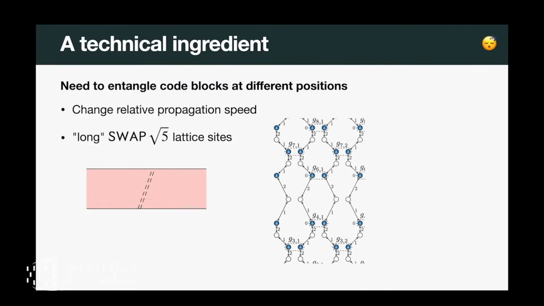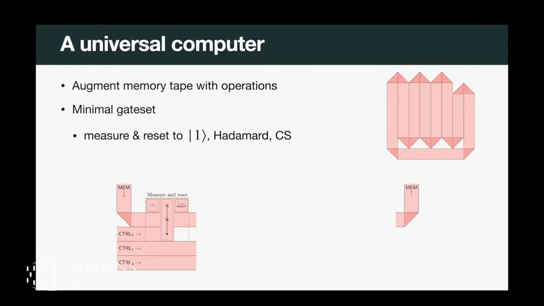It looks something like this. So I just swap a little bit faster. And OK, you incur some overhead, like you needed to build a slightly faster swap, but this is fine. Everything's still constant. Cool. So given that, we can start to augment this tape with universal operations if I have this stream of noiseless control bits.